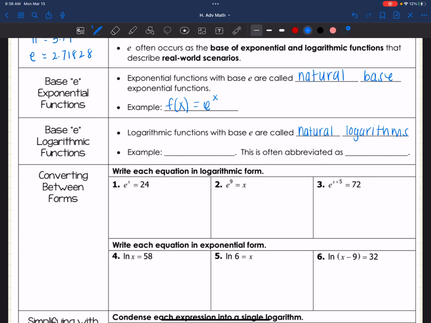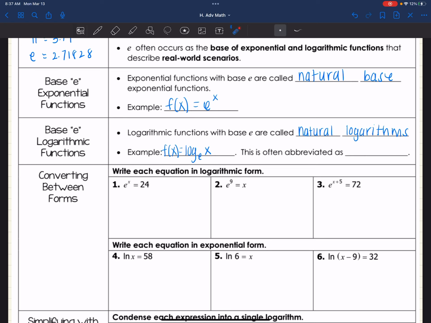An example of this is f(x) = log base e of x. In this case, my base is e, which is why we call it a natural log. These are base e logarithmic equations or functions.